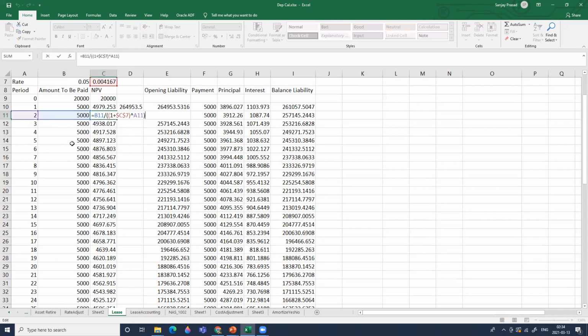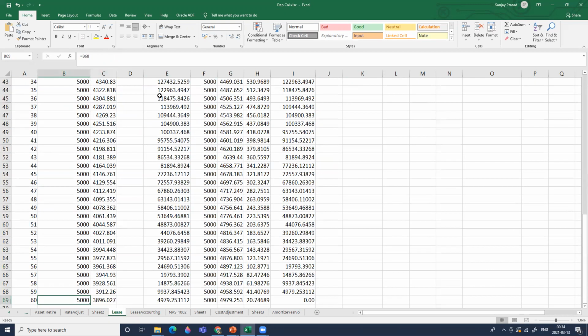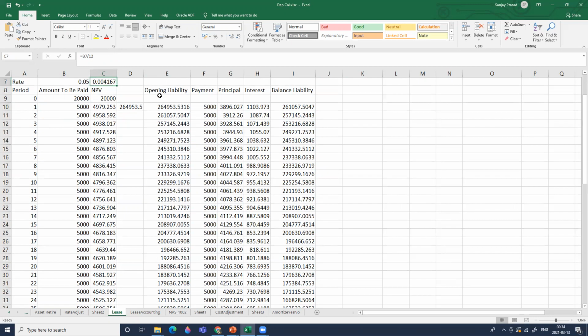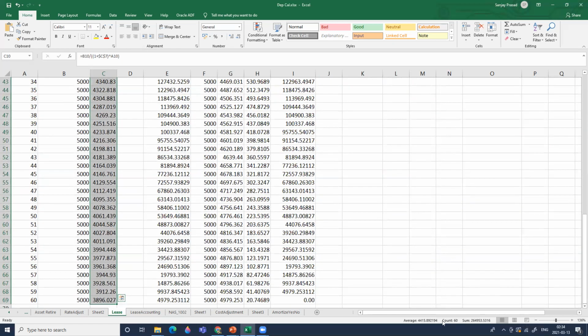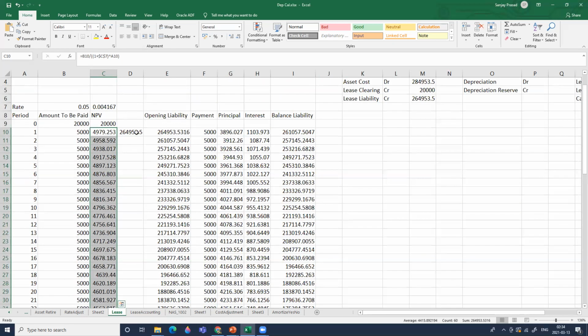I have just put a formula: 5,000 divided by 1 plus the interest rate, raised to the power of the period. That is how we calculate the present value of all the cash outflow we are going to have in future. If we total all this, it comes to this amount which I have kept here. This is the present value of total future cash outflow.